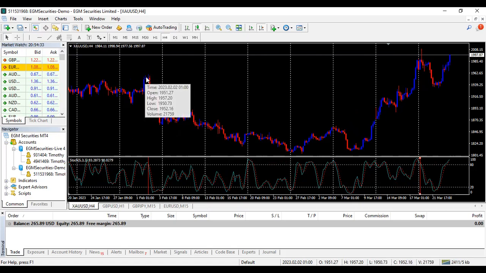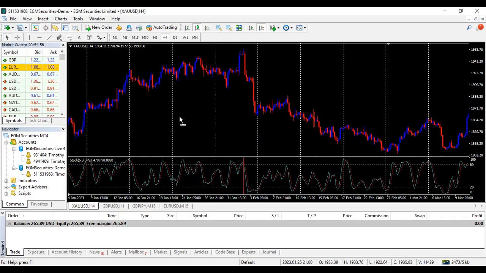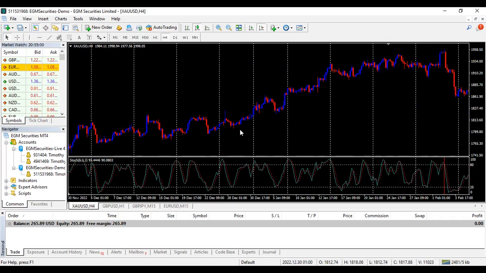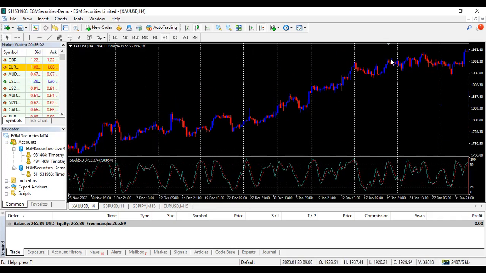We have dojis like the dragonfly and the gravestone doji, and you can see the market actually sold. Okay, and the moment the price reached between 0 to 20, then you exit the market. Okay, you take your profit. And if you look again backwards, you can see this was an uptrend.